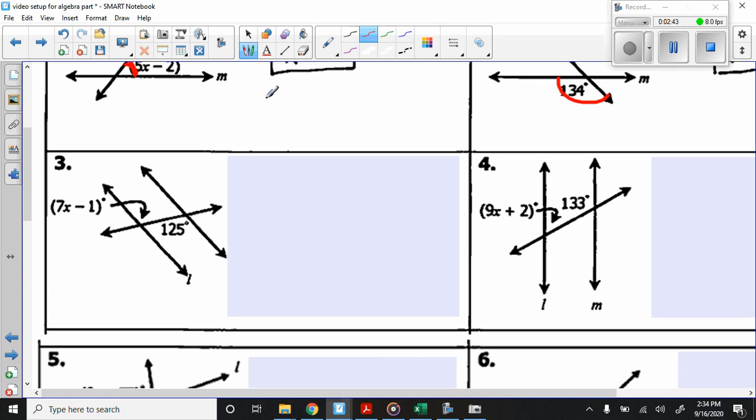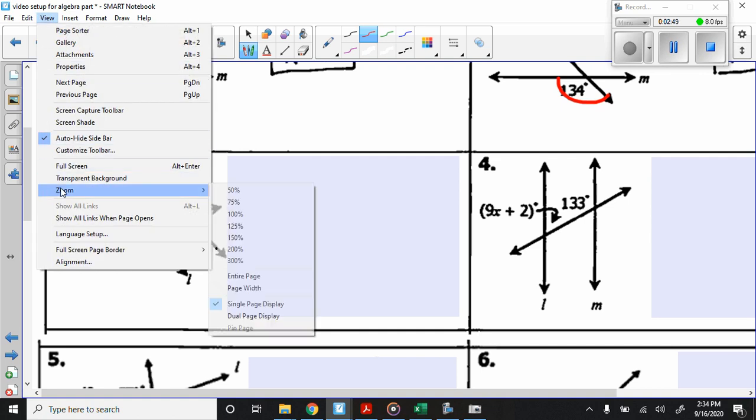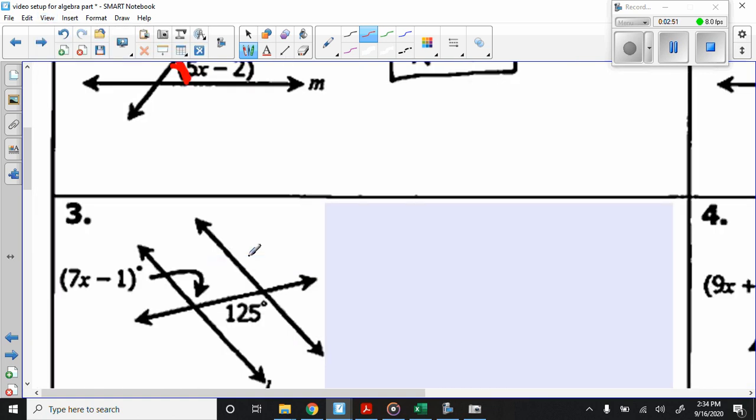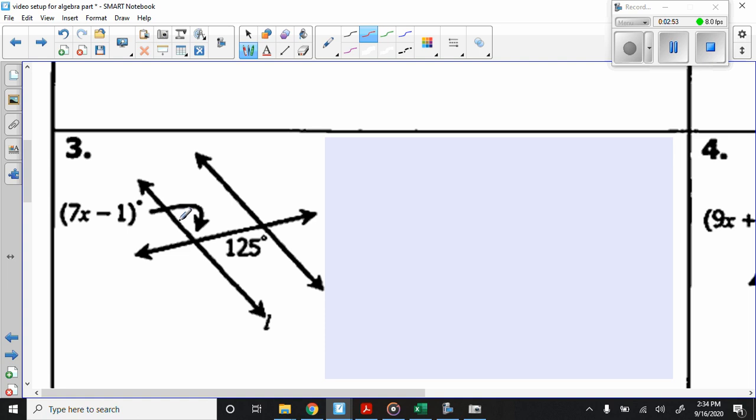Some of these can be kind of hard to figure out what angle the picture is trying to tell you the measurements in. When I give you my assignments, I'm going to try to make sure you can easily figure out where the angle is supposed to be on the picture.